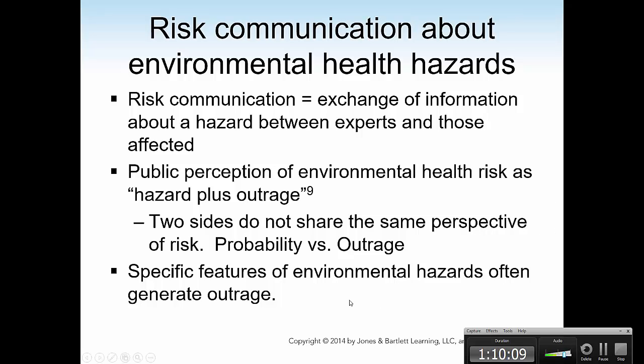So again, specific features of environmental hazards do generate outrage. Now, this is not to say sometimes it isn't well-founded, but when it comes to the hazard plus outrage effect, this means that no information is being accepted.